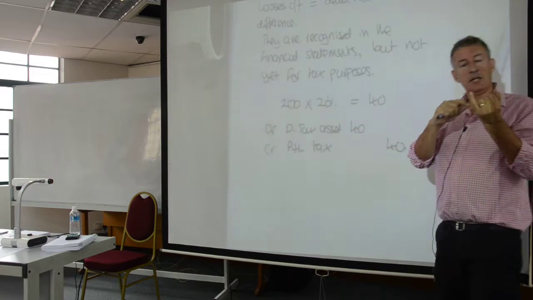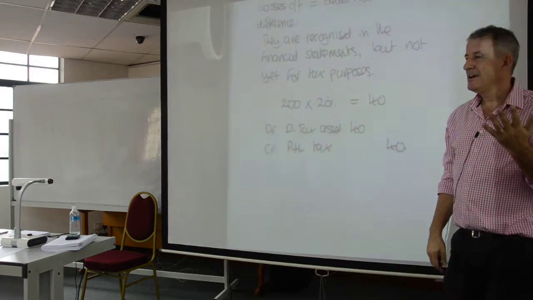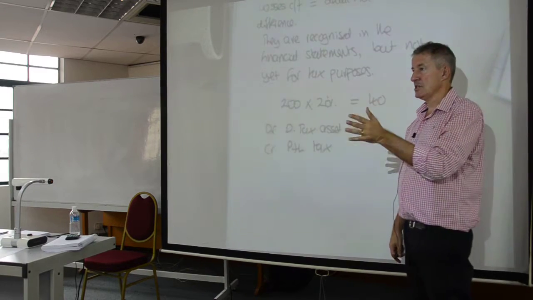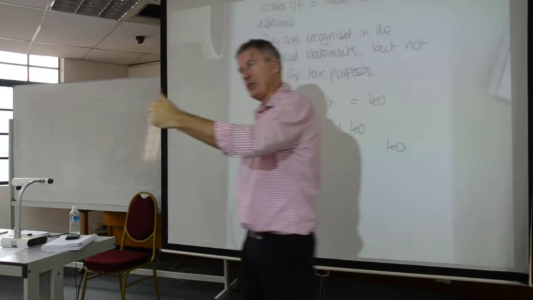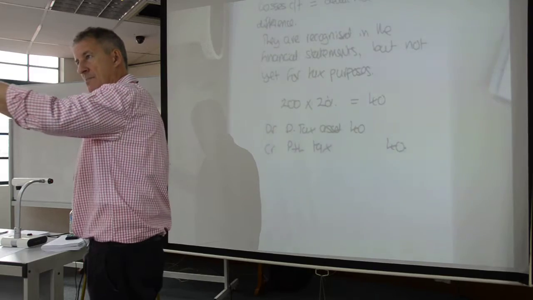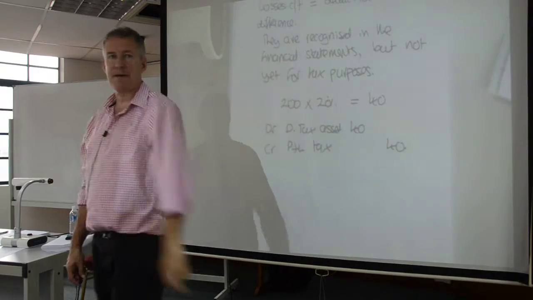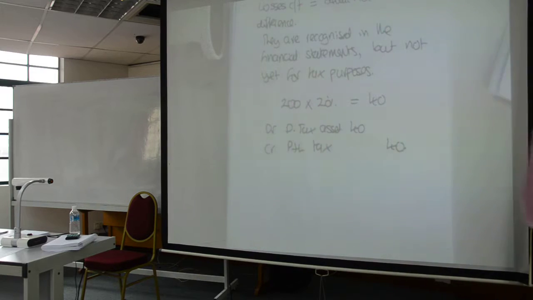But if you've made a loss last year, the year before, the year before, if you've got a background of making losses, so you're carrying your losses forward, I don't think it's reasonable to assume that you are going to recover that deferred tax asset, because it's not reasonable to assume you're going to make profits in the future. So what we need to do is to be sensible, prudent.